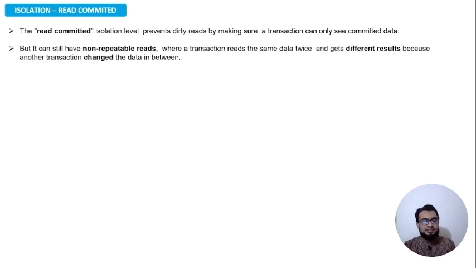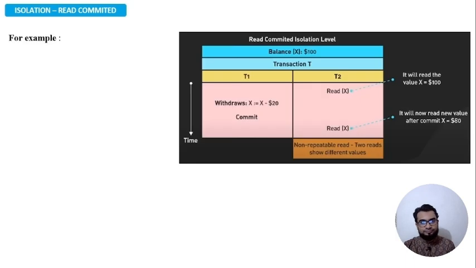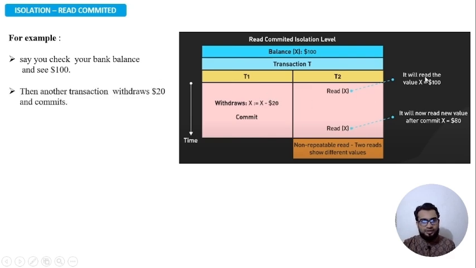But it can still have non-repeatable reads, where a transaction reads the same data twice and gets different results because another transaction changed the data in between. Let's give an example. Say you check your bank balance and it is $100. Then another transaction withdraws $20 and commits.